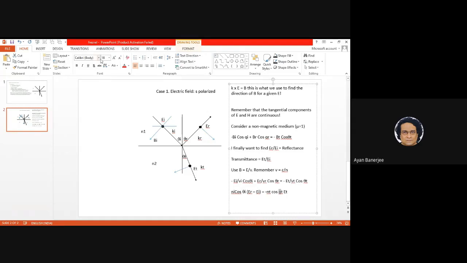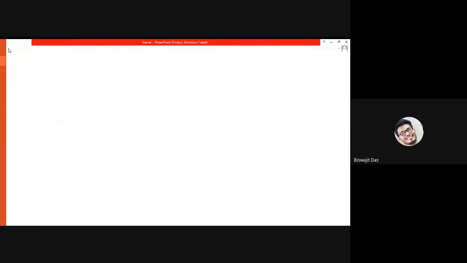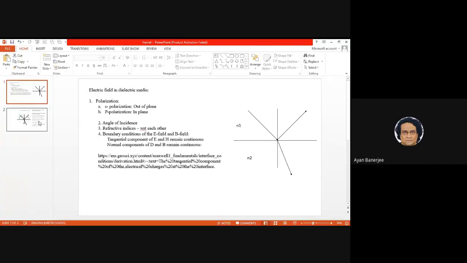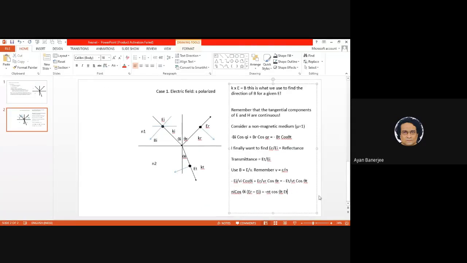Electric field. Electric field क्या होगा? Is that clear to everybody? Who said that? Vishwajit?